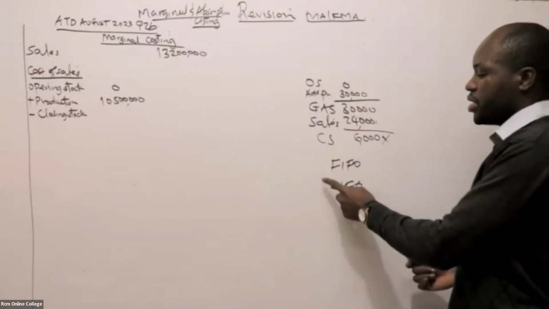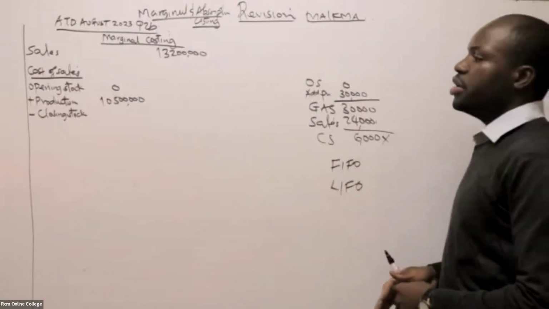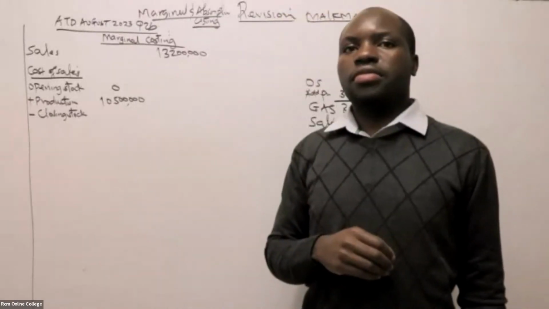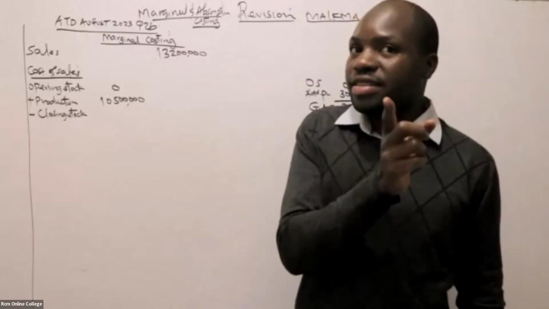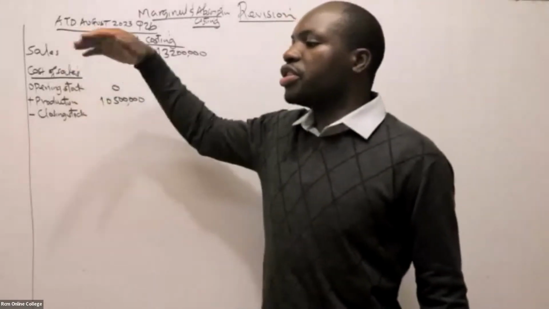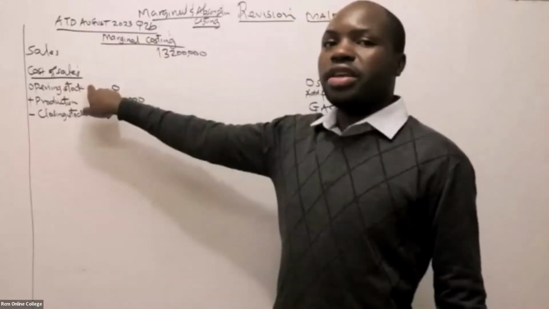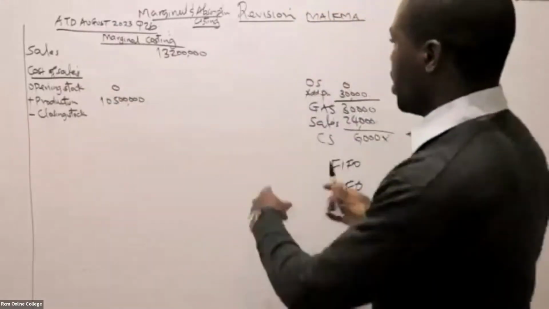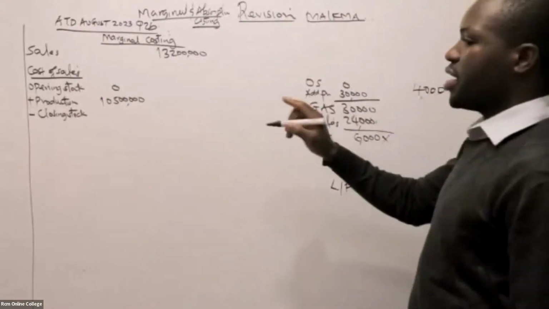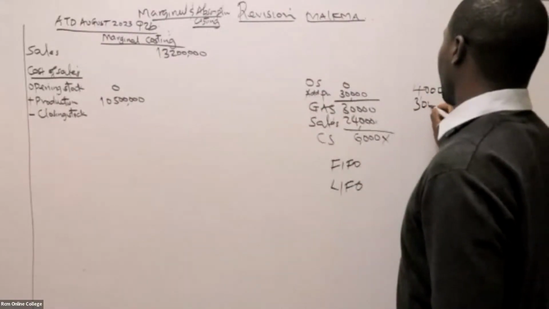What do I mean? When you say last in, first out, it means whatever was produced during the year will be sold first. So if you add opening stock, these sales will not include the opening stock. So let's say we add opening stock of 4,000, and what has been produced is 30,000.